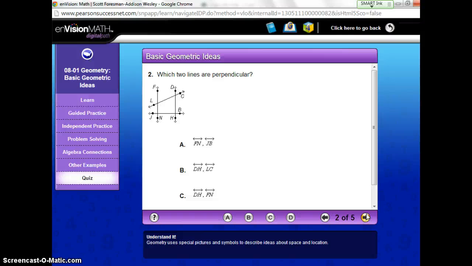Points can't be perpendicular. Points are just dots. They're just spots on a plane. I want 2 lines that are perpendicular. If you can't remember what perpendicular is, refer to your blue sheet. JB, and say it again. And DH, those are perpendicular. I don't think this was one of our choices, but I'll accept that. That's okay.